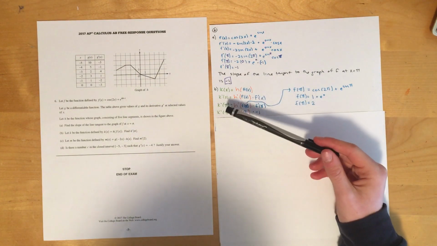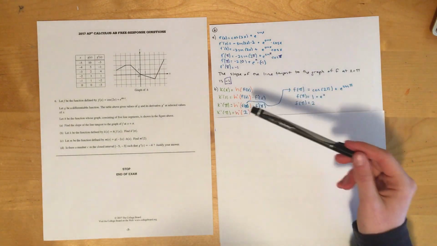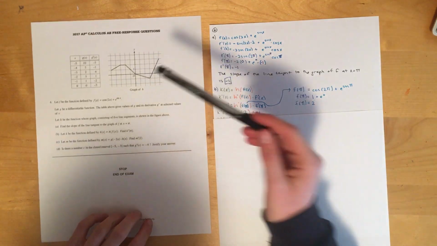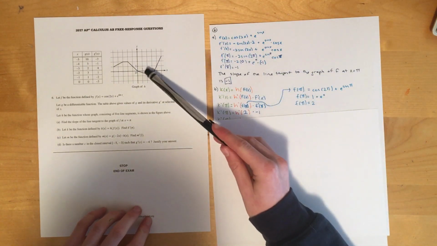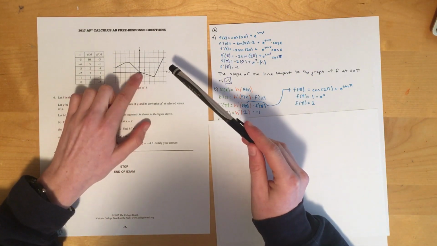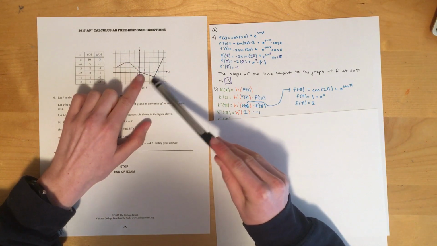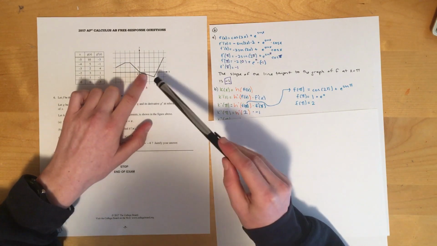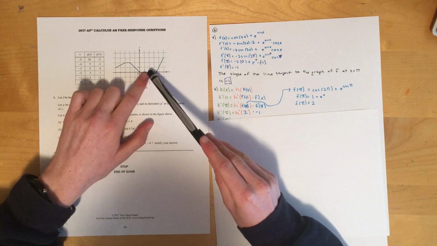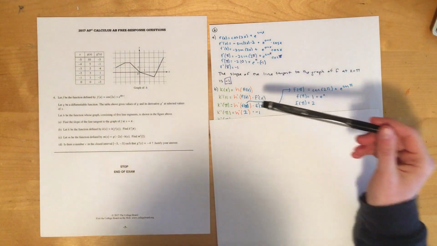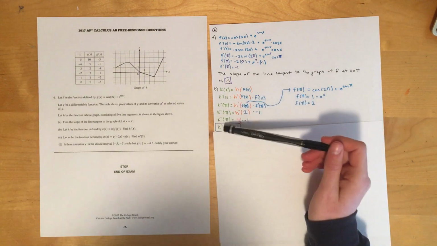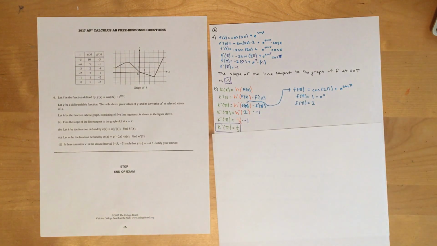So k prime of pi is equal to h prime of 2 times negative 1. Now, this is the graph of h. At 2, the slope of the line tangent, as you can see, it moves 1 down in 3, so it'd be negative 1/3. So h prime of 2 is negative 1/3. So k prime of pi equals negative 1/3 times negative 1. So k prime of pi is 1/3.